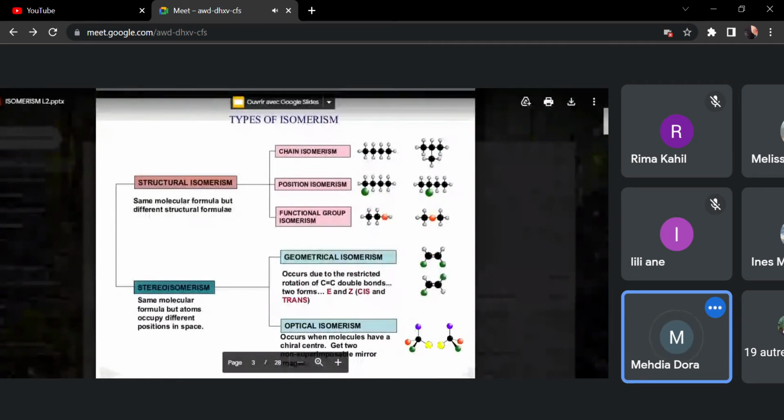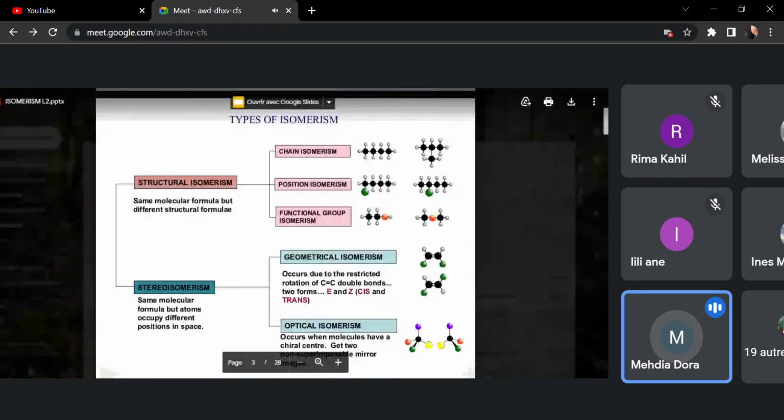Okay, so we've got here types of isomerism. The reaction of isomerism is divided into two main types. The first is structural isomerism, and the second is stereoisomerism.